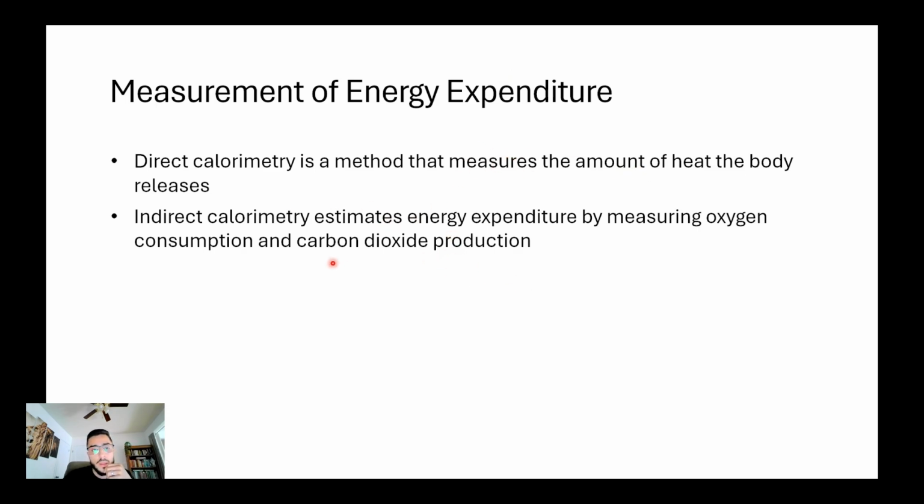And direct calorimetry usually will use oxygen consumption and carbon dioxide production as a way to measure energy expenditure, because if you remember, your mitochondria are going to be making energy, okay, and they require oxygen.